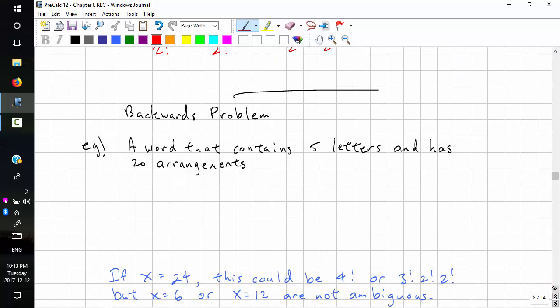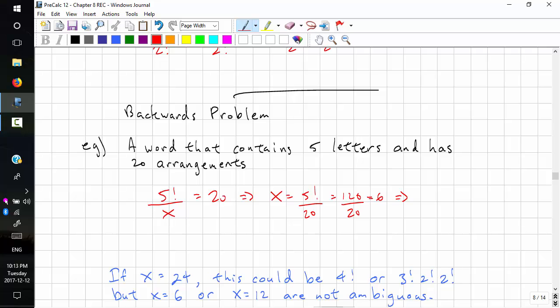Let's look at a backwards problem. A word contains 5 letters and has 20 arrangements. Okay, so that's 5 factorial over x. And it has 20 arrangements. So x equals 5 factorial over 20. We cross multiply, and this is 120 divided by 20, and that's equal to 6.